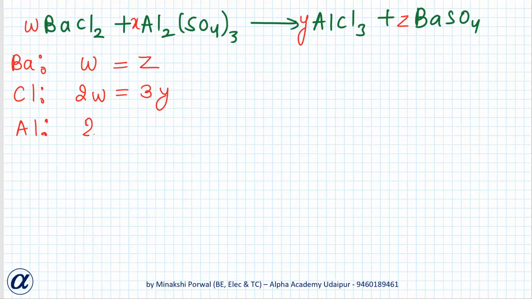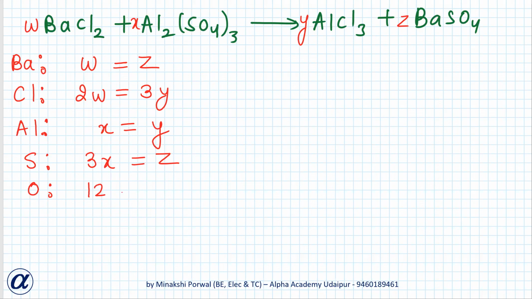Al. Oh, just 2, sorry. 2X equals Y. Sulfur: 3X equals Z. Oxygen: 12X equals 4Z. Okay.